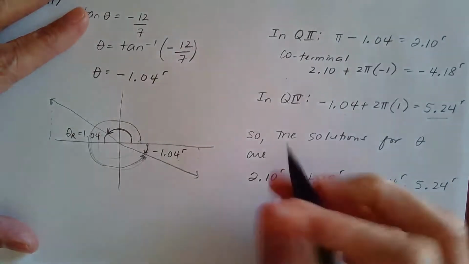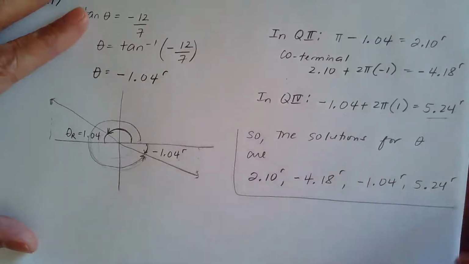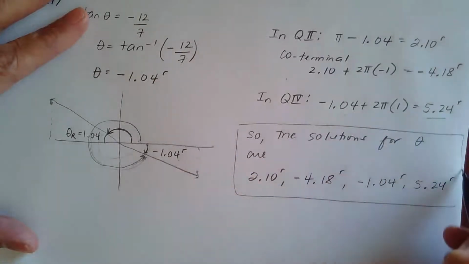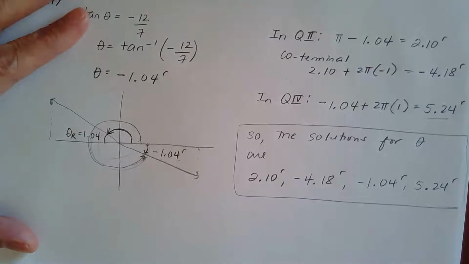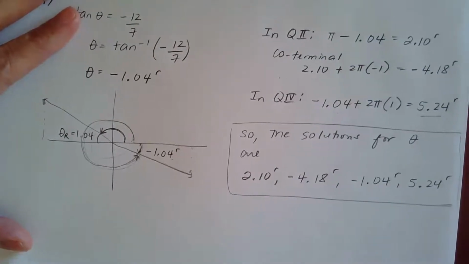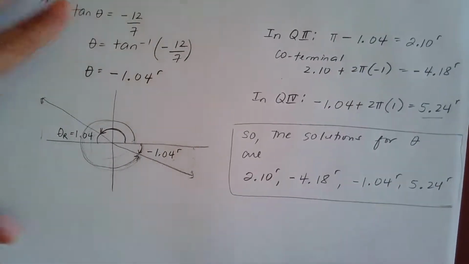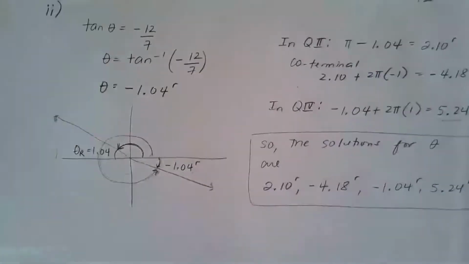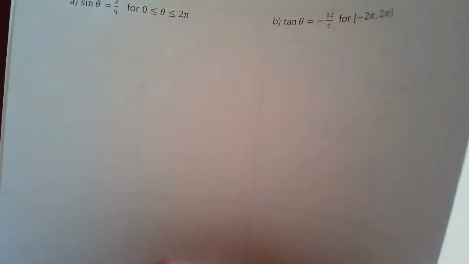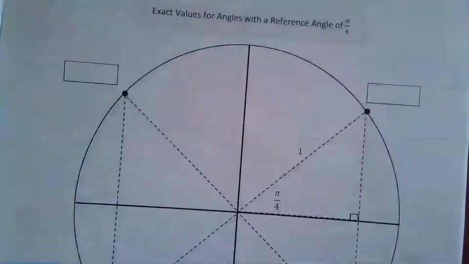So we have 4 solutions in that case. Okay, so that's example 2, part B. I'm going to post this on the blog as soon as we are completely finished with our live streaming. If you didn't catch all of that, don't worry, we'll get there.